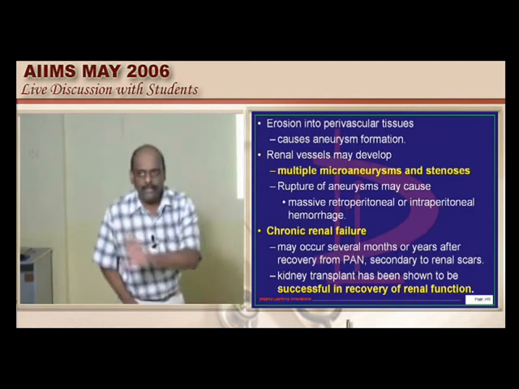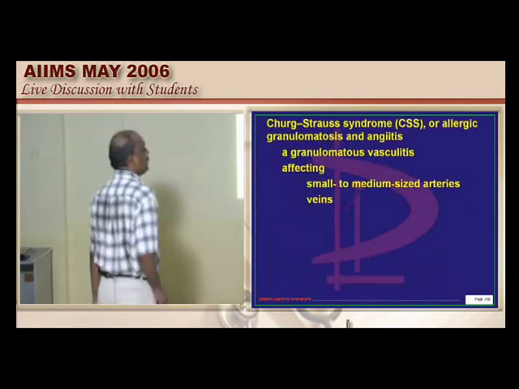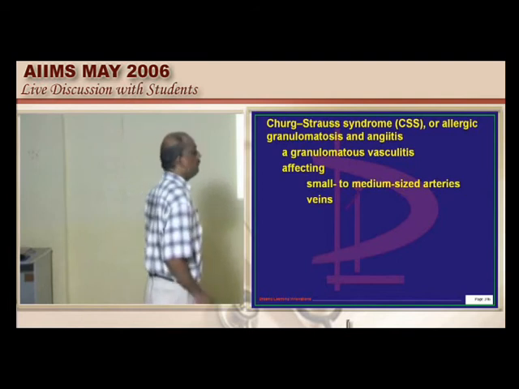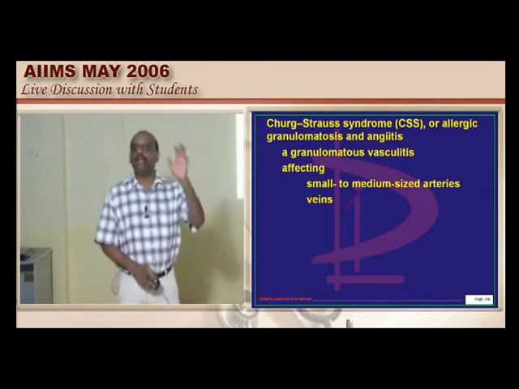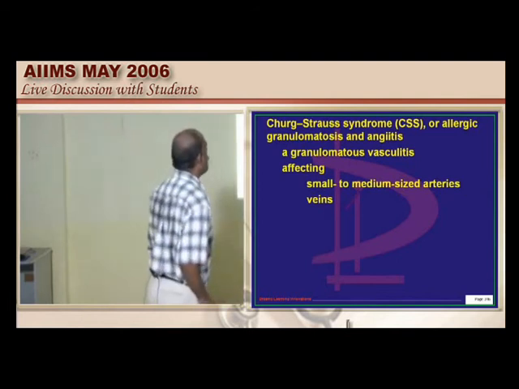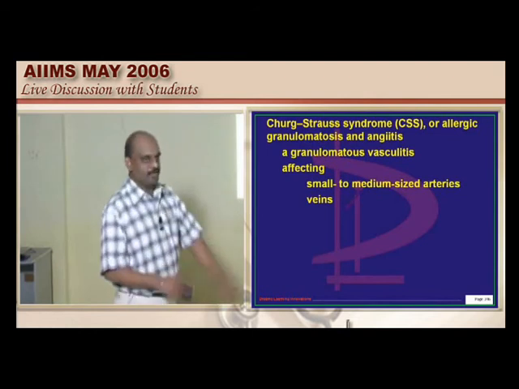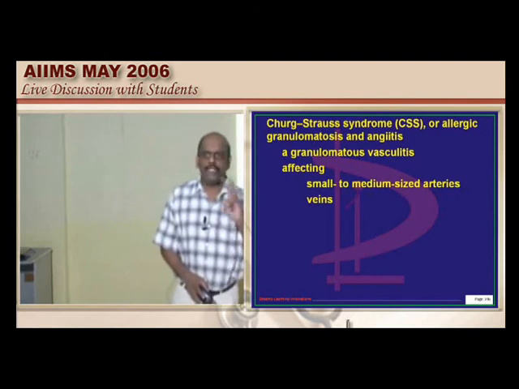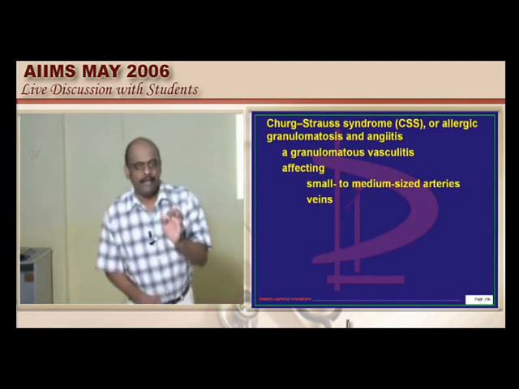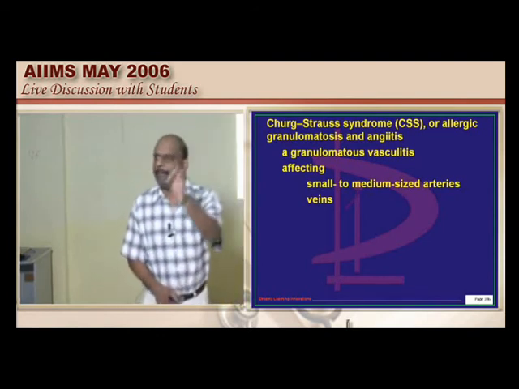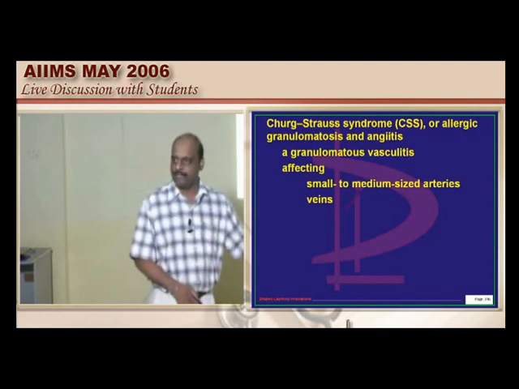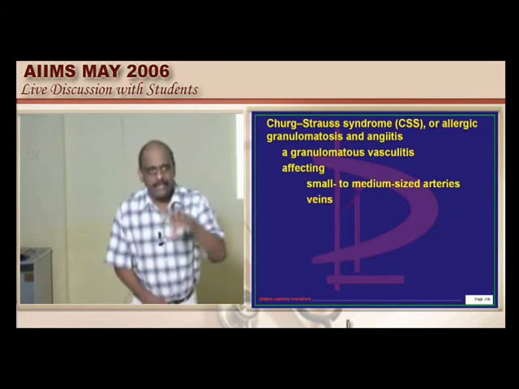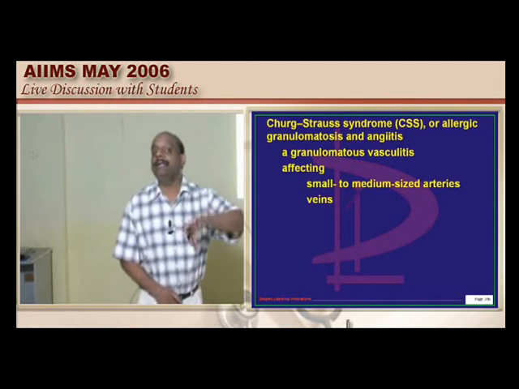Then another important type of vasculitis is called Churg-Strauss syndrome, otherwise called allergic granulomatosis and angiitis. Once more, one vasculitis differs from the other in two important aspects. Number one, is it a medium sized, small sized or big sized vessel, or all three types? And which organ is it involving and what type of involvement is it having?